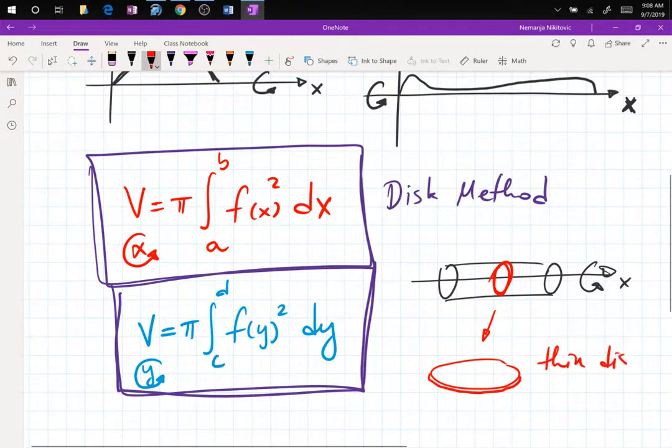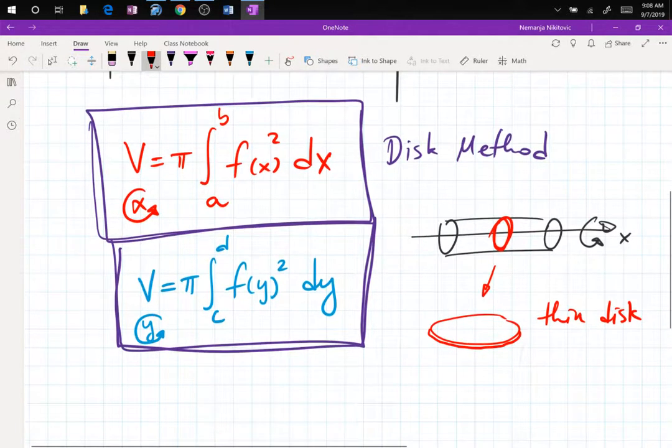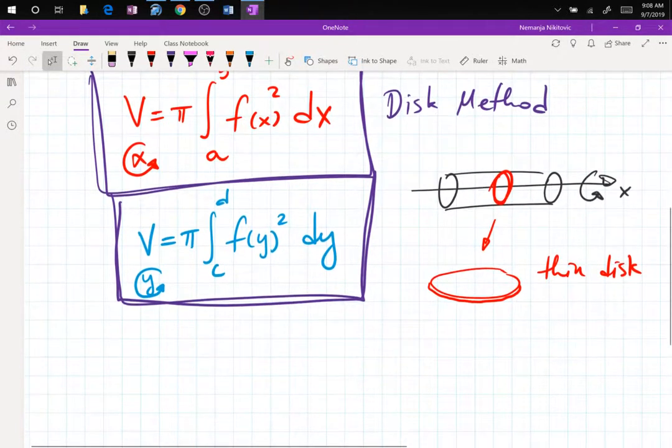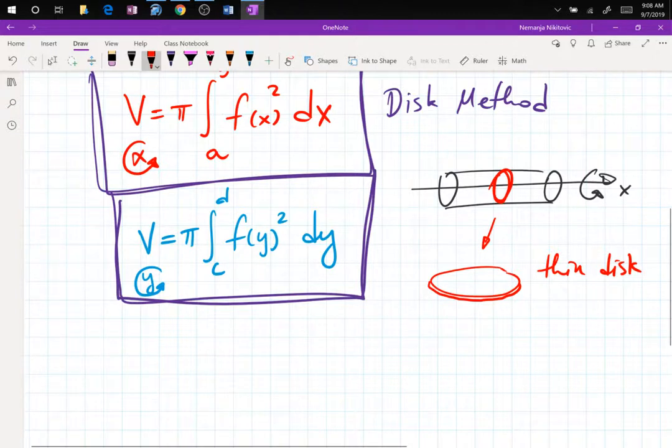If you take a look at this very thin disk, this disk has the area over here and has delta x as a height, right? Because this was delta x cut over here. You took a little tiny slice.